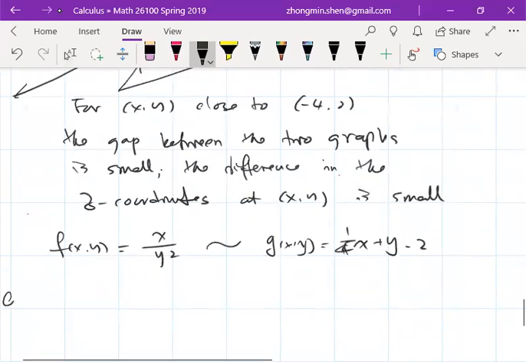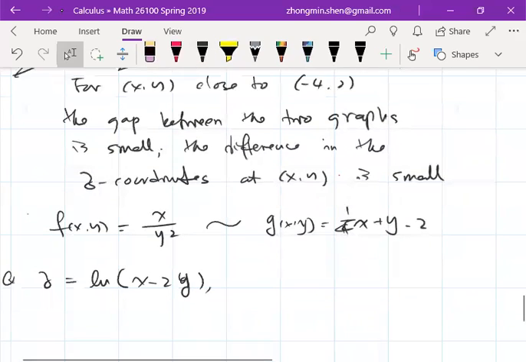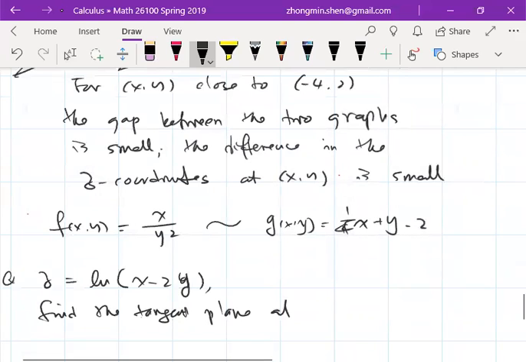Let's do one more problem for the tangent plane. z equals natural log of x minus 2y. Find the tangent plane at the point 3, 1, 0.